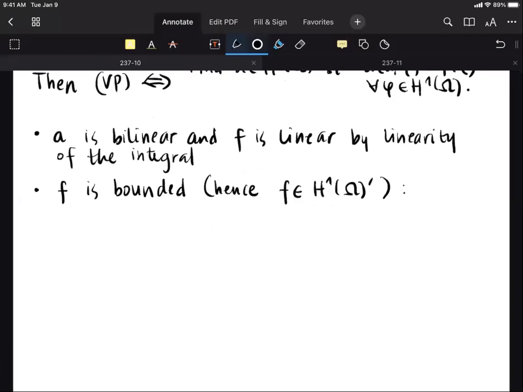To show boundedness, let us estimate the value of F(phi). For all test functions phi in H1(Ω), applying the definition of F, this is the integral of h times phi.